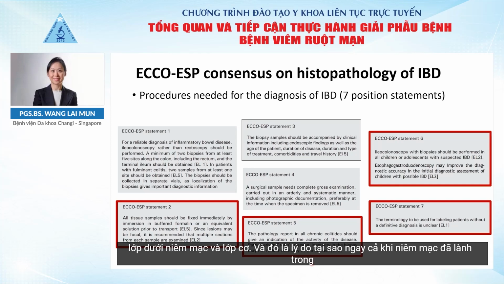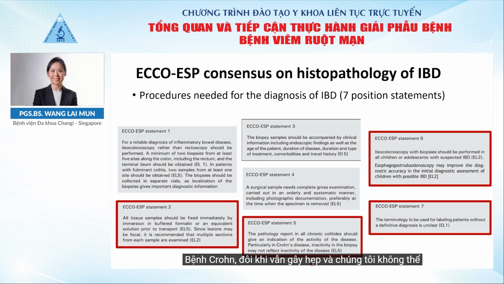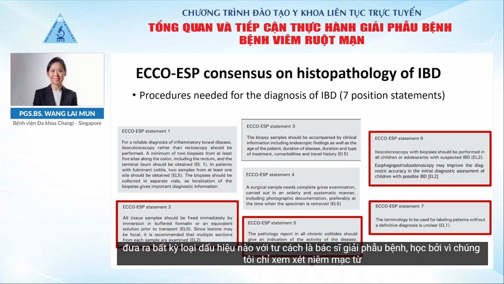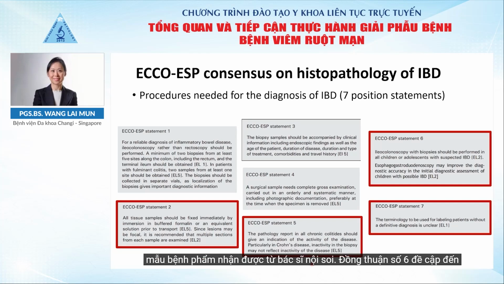That is why even with mucosal healing in Crohn's disease, sometimes stricture formations still occur, and we are unable to give any indication as pathologists because we are only examining the mucosal aspect from specimens received from the endoscopist.